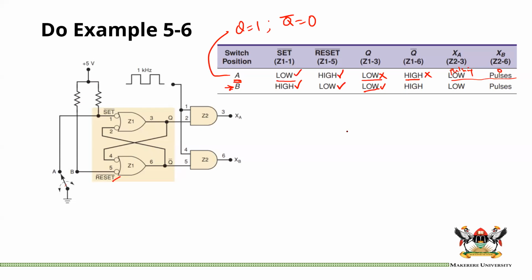And Q inverse is a 1, that is also good. Meaning that now XB will pulse, because if this is a 1, the pulse signal will go through. XB pulses and XA is low, so that's okay.